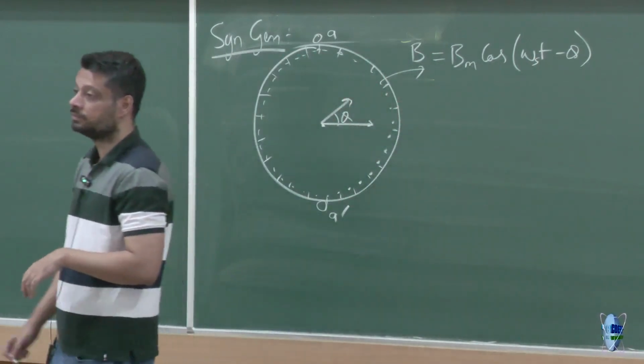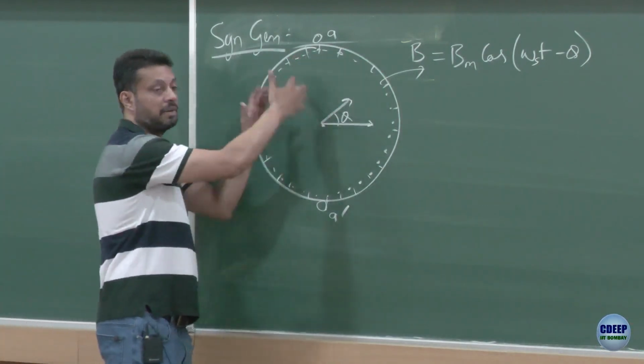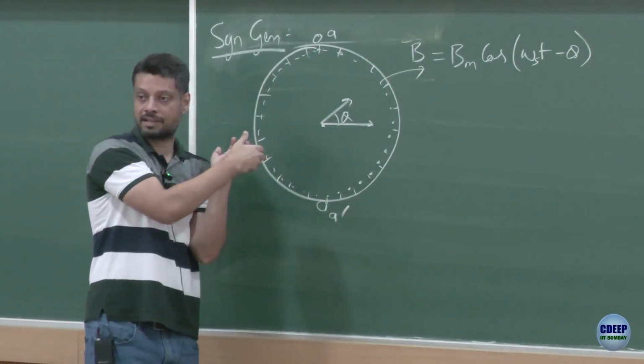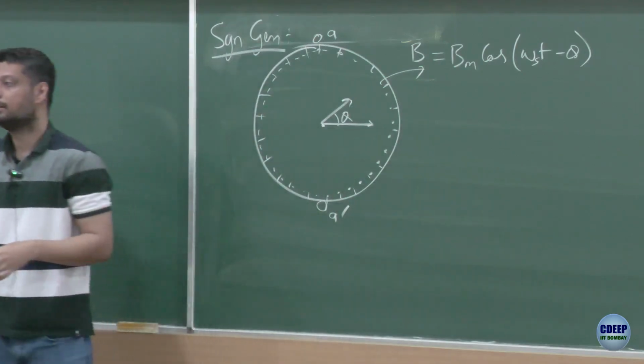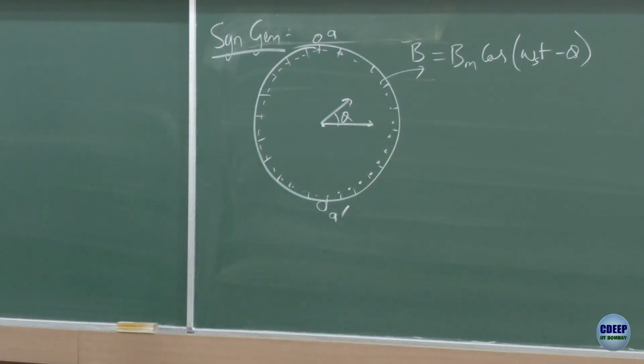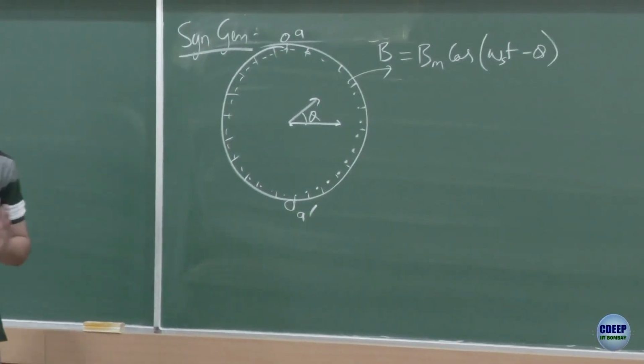Is that fine? How do we achieve it? We achieve it by creating a different geometry of rotor, which we saw last time, and then that rotor is being rotated by a prime mover or a turbine at speed omega s. So that's how we would produce a flux which is sinusoidally distributed and rotating at synchronous speed.